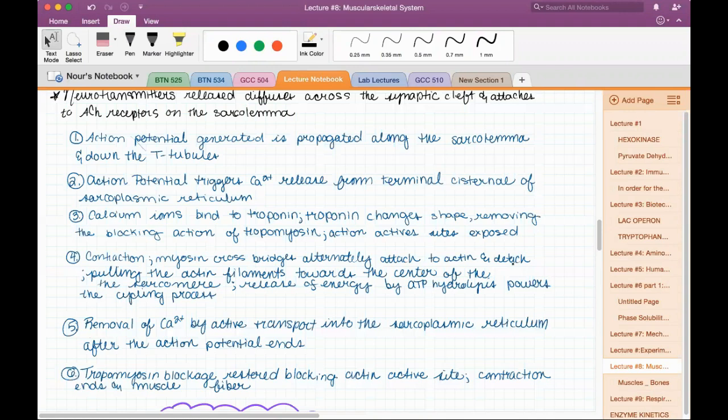There is a release of energy by ATP hydrolysis powering the process. When a contraction occurs, ATP is broken down to drive the power stroke, the pulling and squeezing of the actin and the myosin.